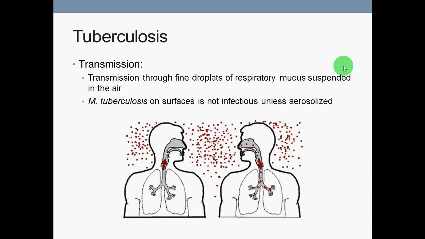Now, I mentioned before that TB can live on surfaces for a long time because of that waxy cell wall. Well, just touching TB on a surface and then touching a mucous membrane is not necessarily going to transmit it. TB is not infectious unless it's aerosolized. It has to enter your lungs in order to cause disease.